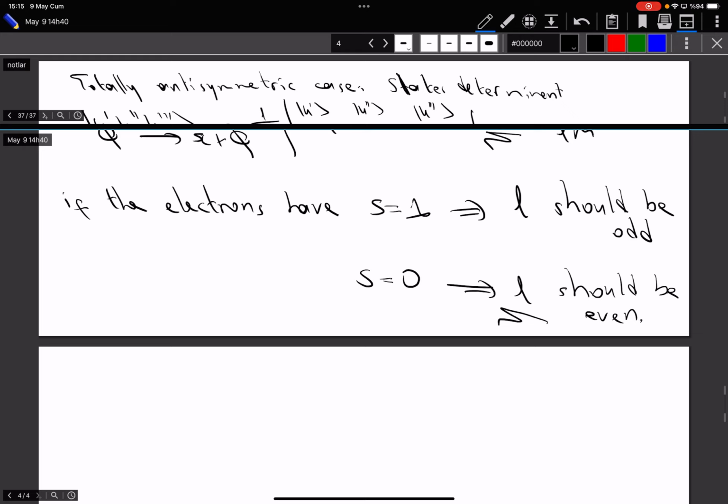But let's say that you have a hydrogen molecule-like system. You have two point particles connected by a harmonic potential.